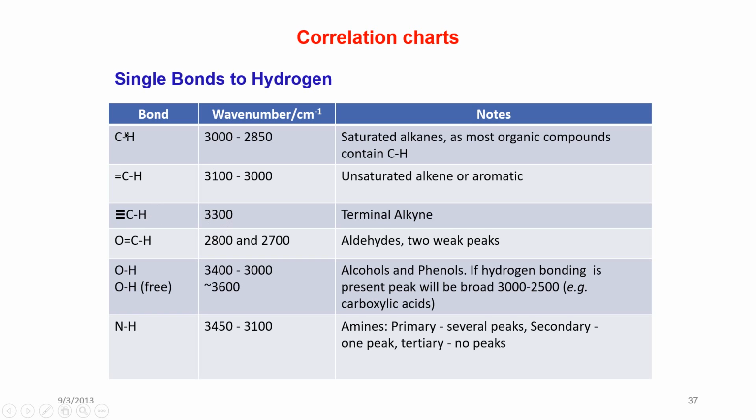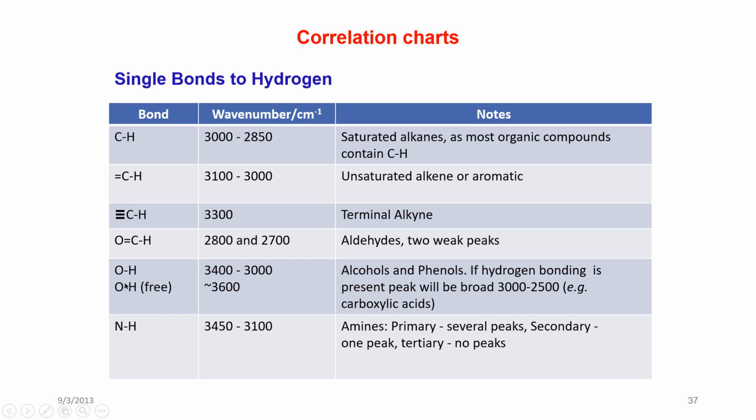That means as the hybridization changes from sp3 to sp2 to sp, there is an increase in the s character, hence the bond length decreases. That is why the stretching frequency will increase.